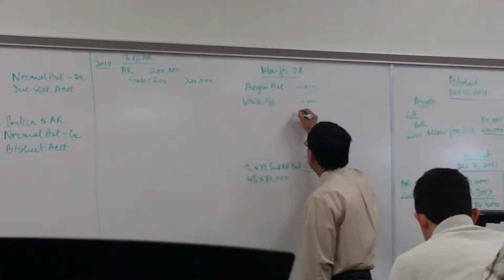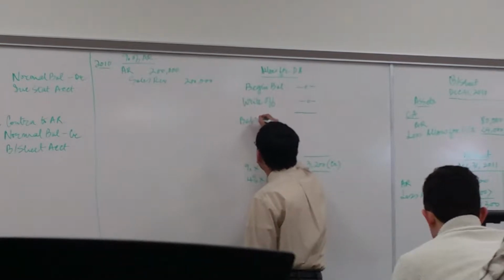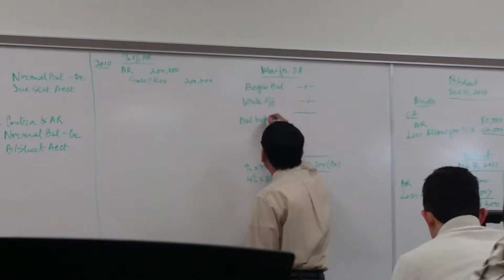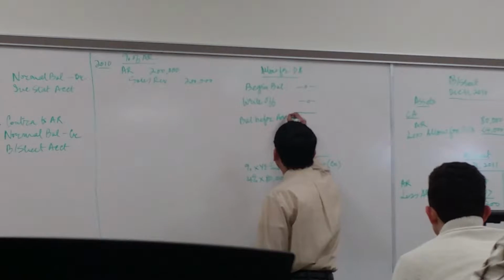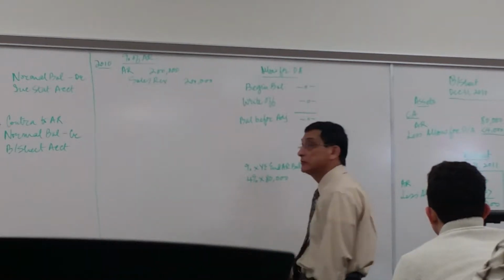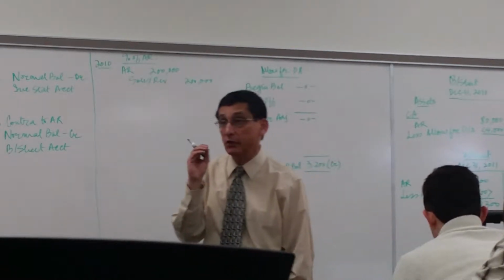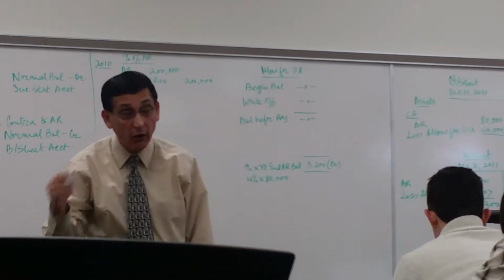What is the balance before year-end adjustments? Before my year-end adjustment, is it zero? Are you with me? I'm developing this chart for you that you can use for later years also.